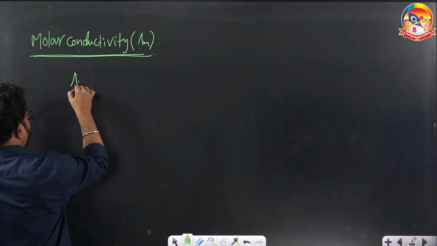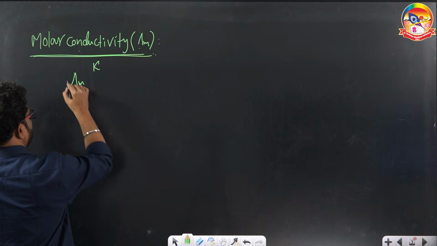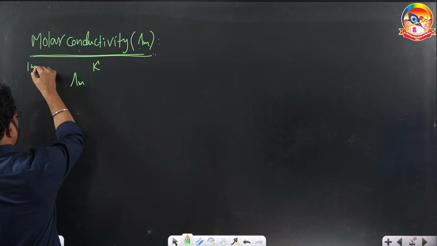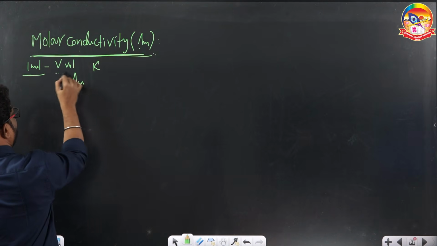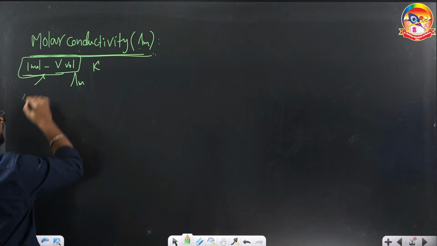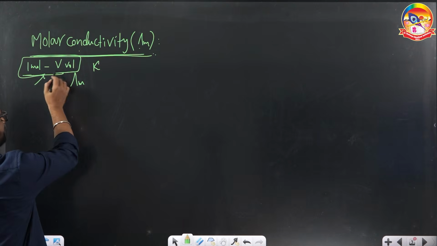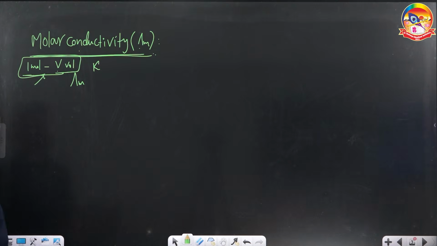So lambda m: assume that 1 mole of electrolyte is in V volume, then it is molar conductance. The total conductance of that total solution will be molar conductance.